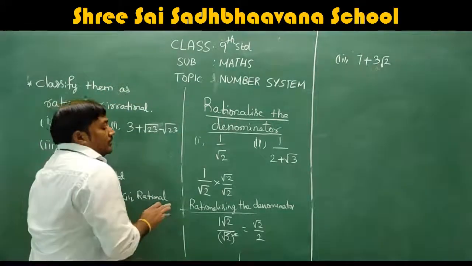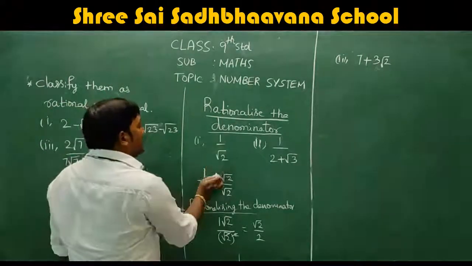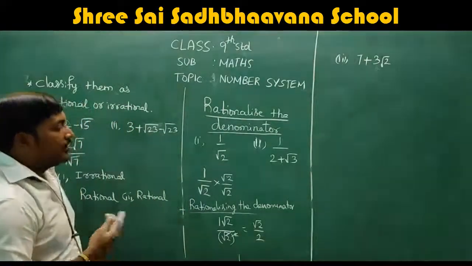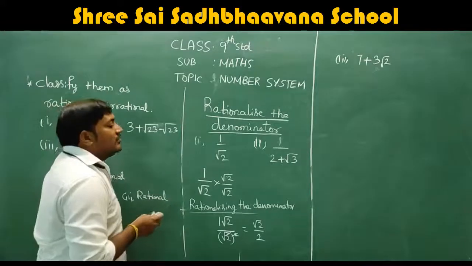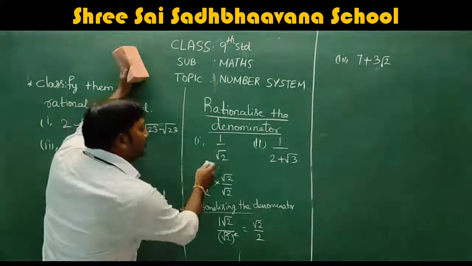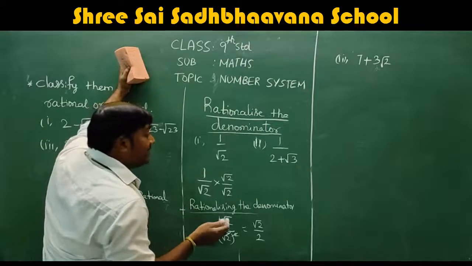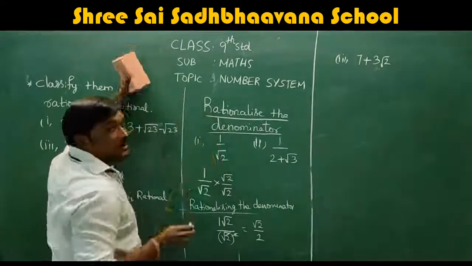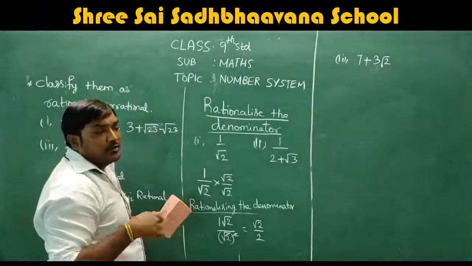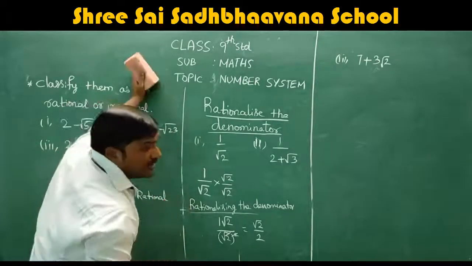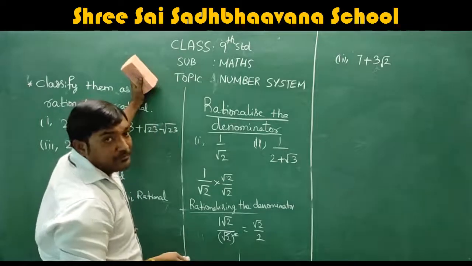I'll explain once again. 1 by root 2 we have taken. What we are doing is rationalizing that. What does rationalization mean? We are making this root 2, which is in the denominator, come to the numerator. Don't think rationalizing means we are converting 1 by root 2 into a rational number. It is not possible. 1 by root 2 is already an irrational number, and an irrational number cannot be converted to a rational number.